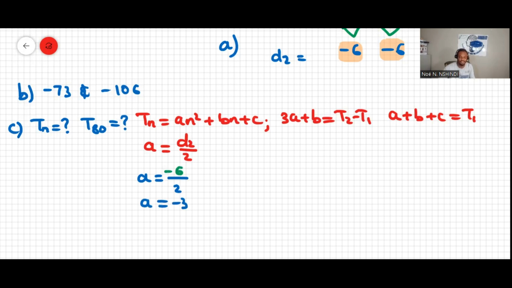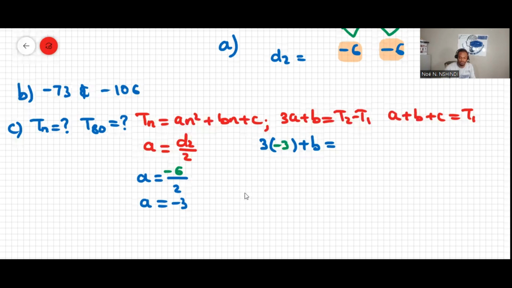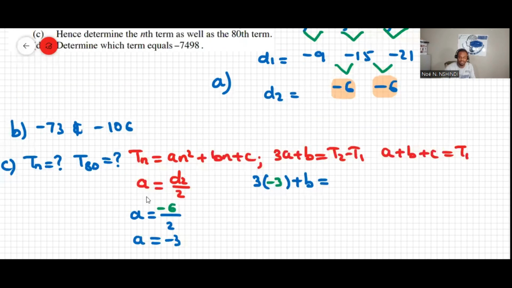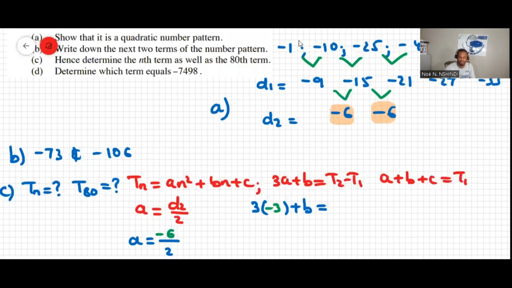That's the coefficient of n squared. Now we can substitute the value of a and of T2 minus T1. a has the value of -3, and T2 minus T1 is -9, the first difference. So we have -9 plus b equals -9, and then b is 0.